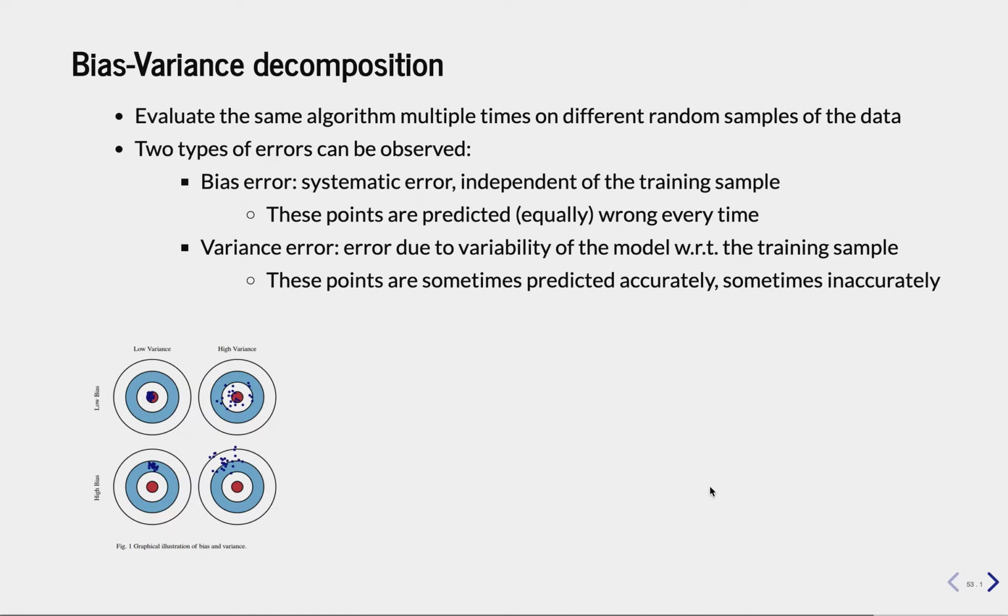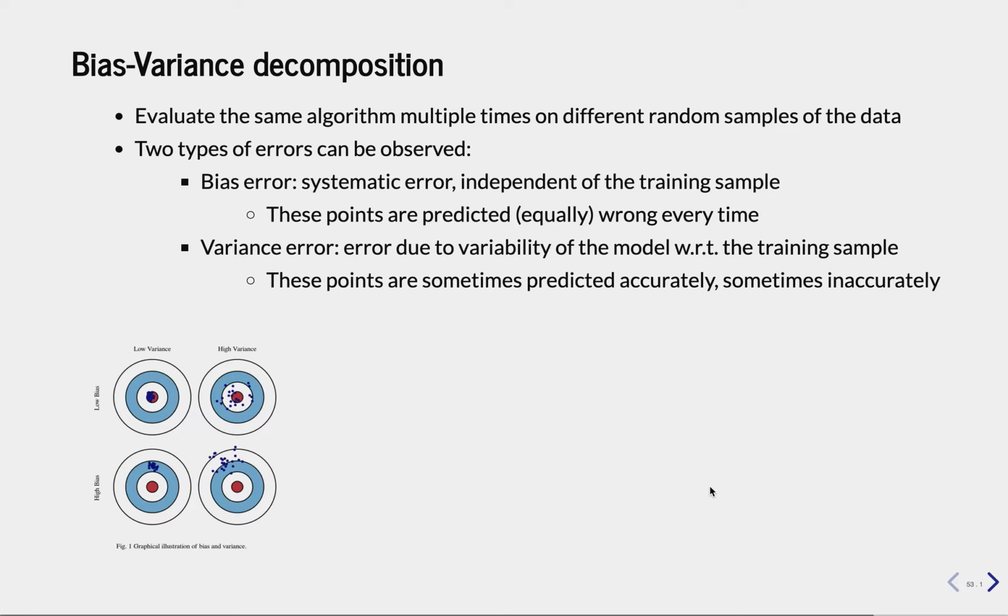Now remember in the beginning when we talked about cross-validation, if we evaluate a model n times on n different train-test splits, we could look at the average, but we could also look at the variance, which is how much variation there is between models. Maybe on one train-test split your model does very well, and on another it does very badly.